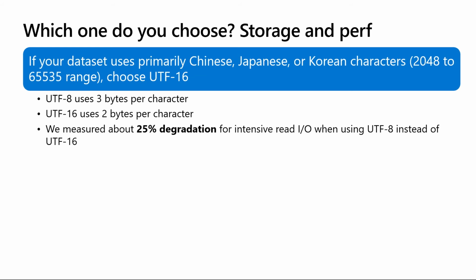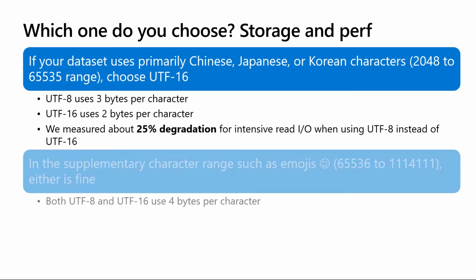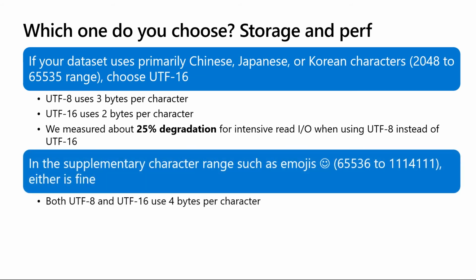That's because UTF-8 in this range will use 3 bytes per character, and we measured about 25% degradation, again on intensive read I/O, when comparing one to the other. So definitely you want to go with UTF-16 here. And if you are primarily storing characters in the upper range, such as emojis or musical symbols or mathematical symbols or other such characters, then either is fine, because both UTF-8 and UTF-16 will use 4 bytes per character.